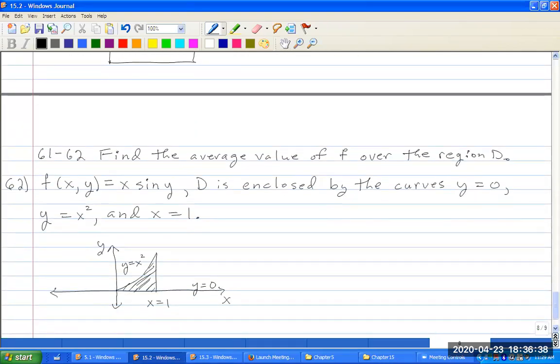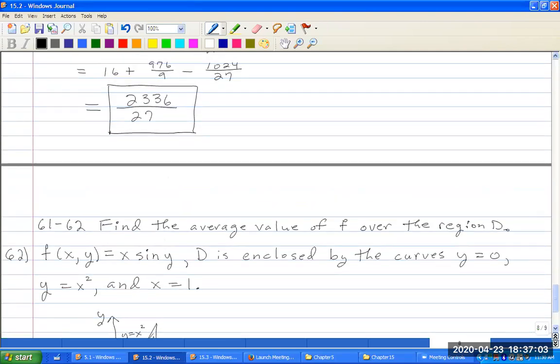In problems 61 through 62, find the average value of f over the region D. In problem 62, f of xy is equal to x sine y.